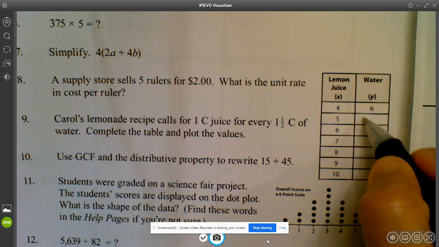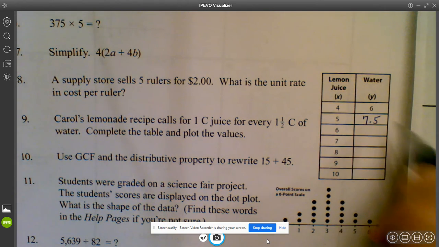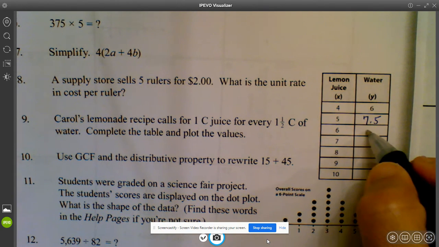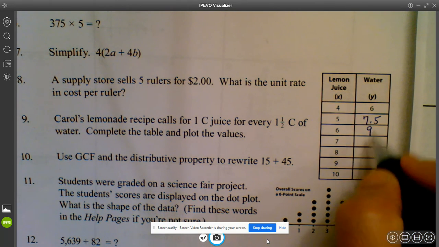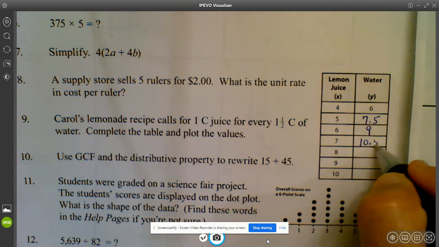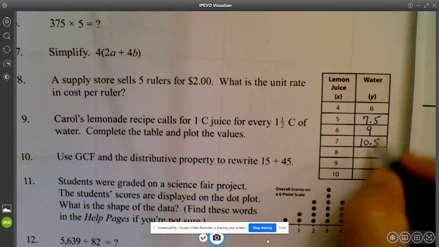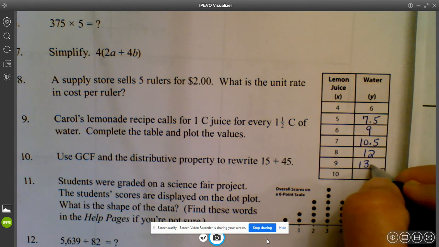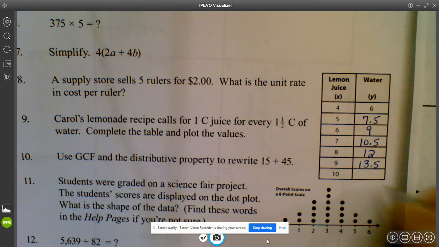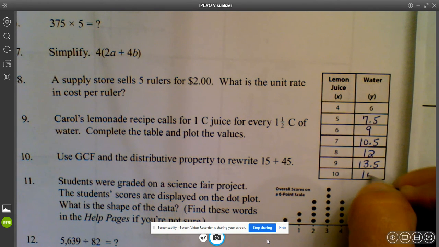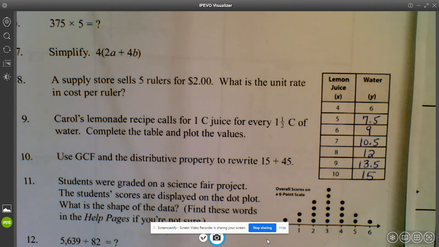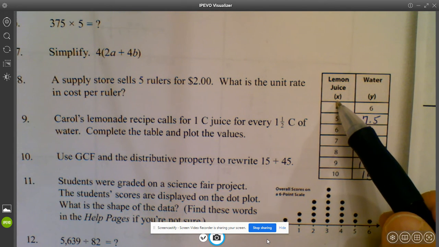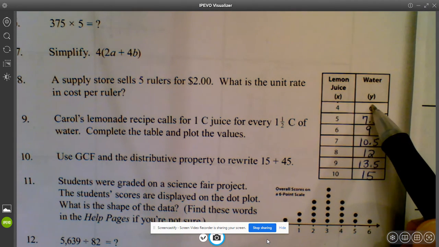So if we add 1.5 cups here, that would be 7.5 cups. And then we add another 1.5 cups, and you have 9. And then another 1.5 cups, and that's 10.5. Another 1.5 cups gives us 12. Another 1.5 cups gives us 13.5. And then another 1.5 cups gives us 15 cups. So these become your ordered pairs. This is your X and this is your Y.